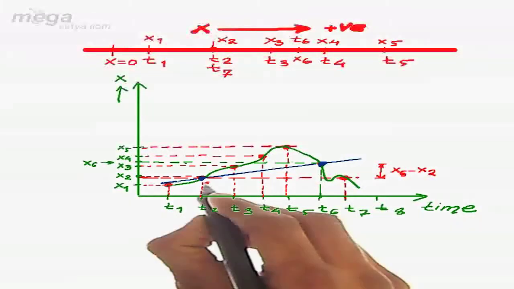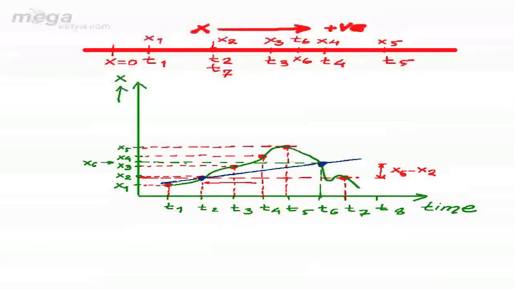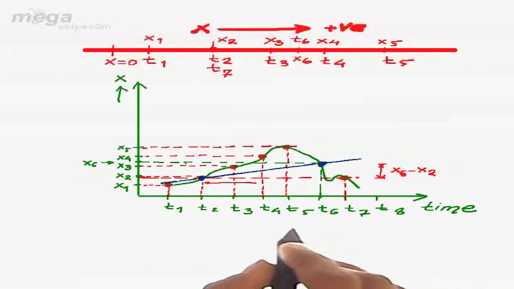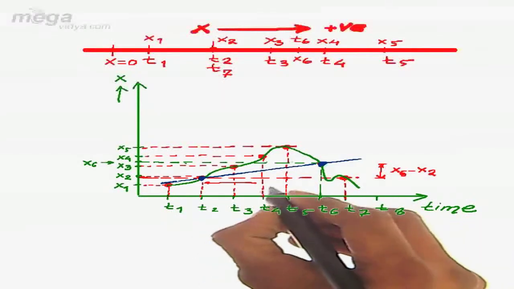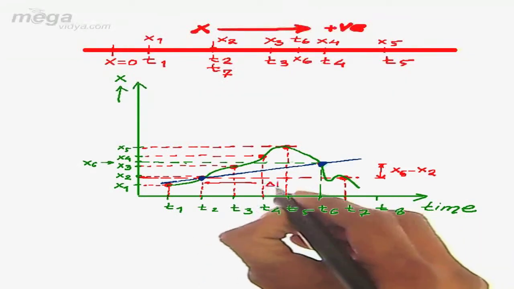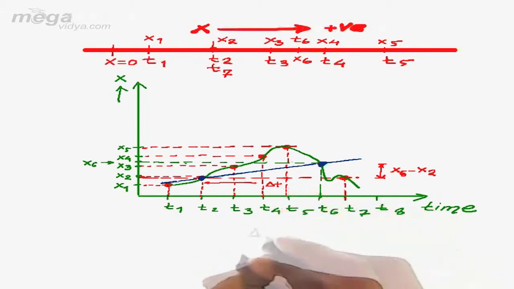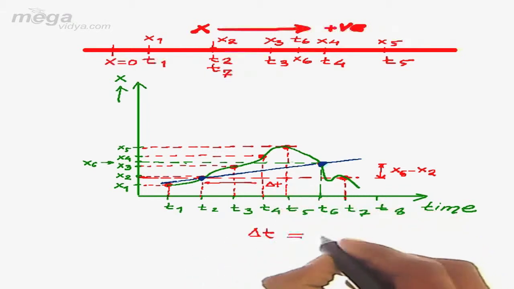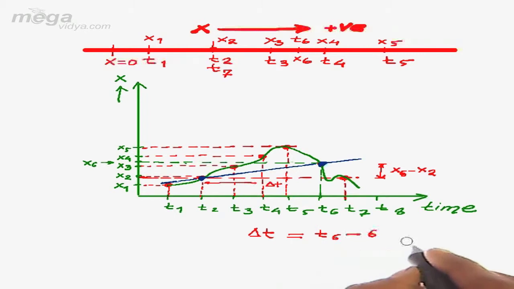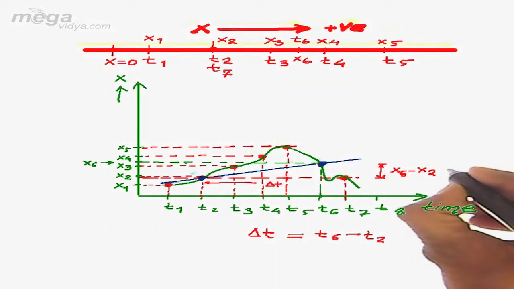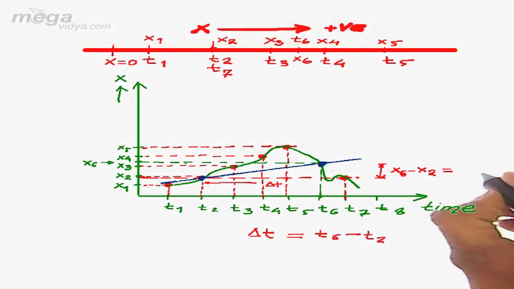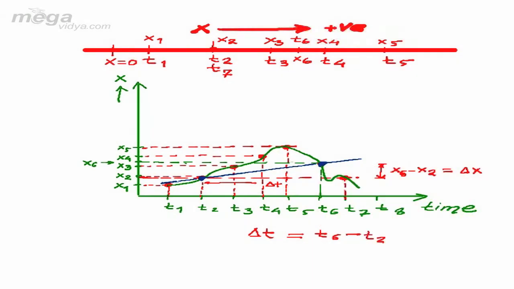We can take this difference to be the time difference between t6 and t2. Say this is delta t. I can write here delta t equal to t6 minus t2. Here x6 minus x2, I am taking it as the change in position, or you can say displacement.